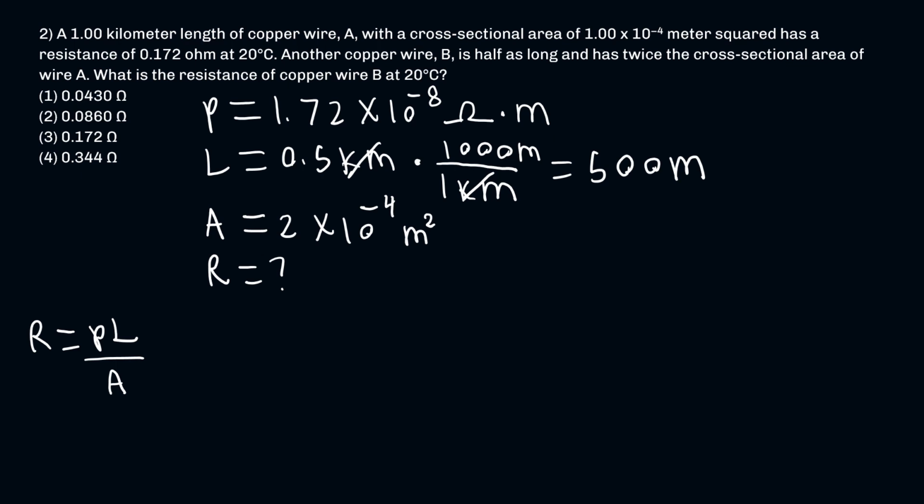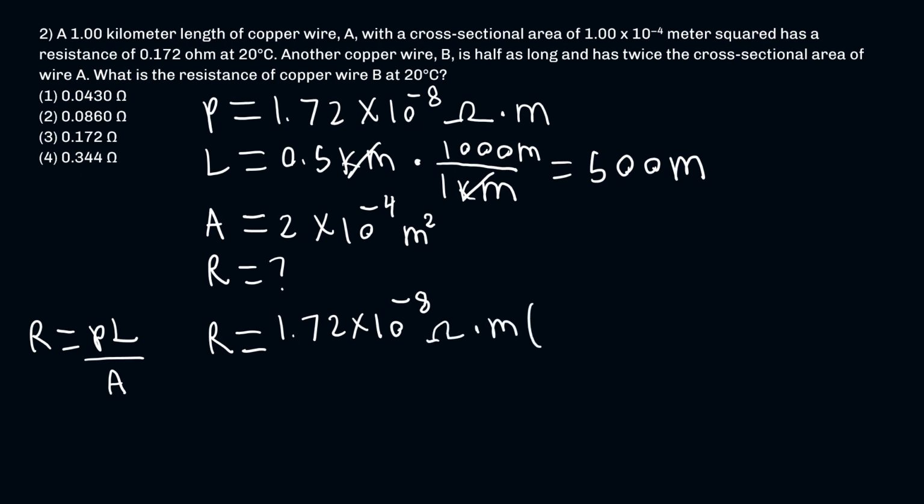So now let's plug everything in and end up with our answer. So we want the resistance R. Plug in all my numbers. It's good practice to plug in with units for later on the free response questions. So my resistivity rho is 1.72 times 10 to the negative 8th ohms times meters.